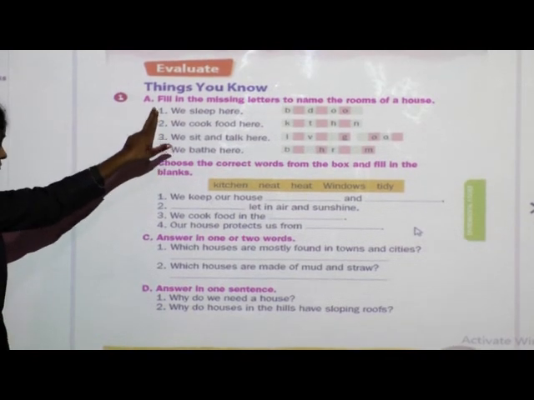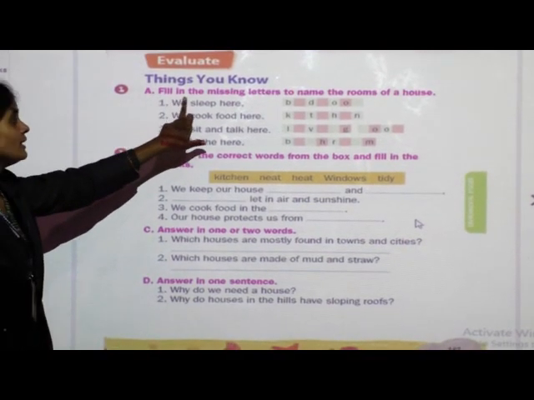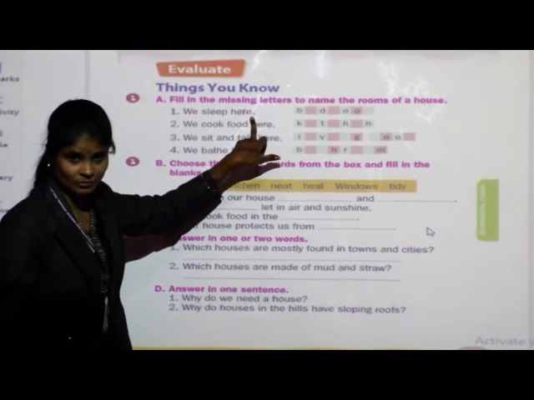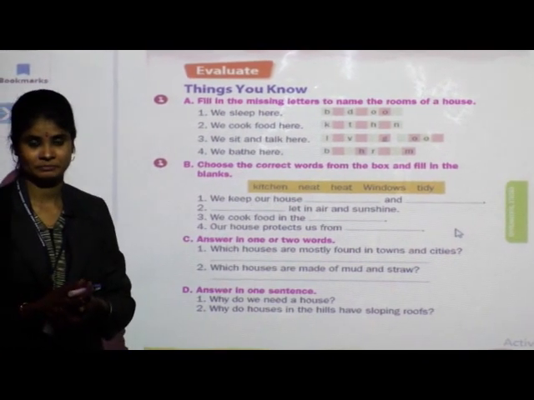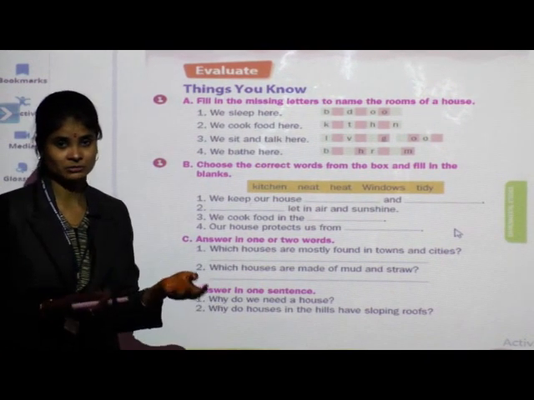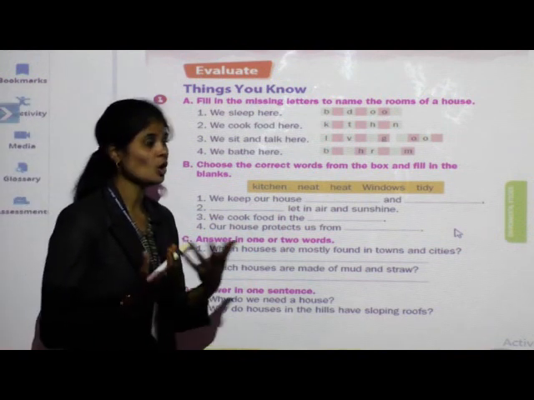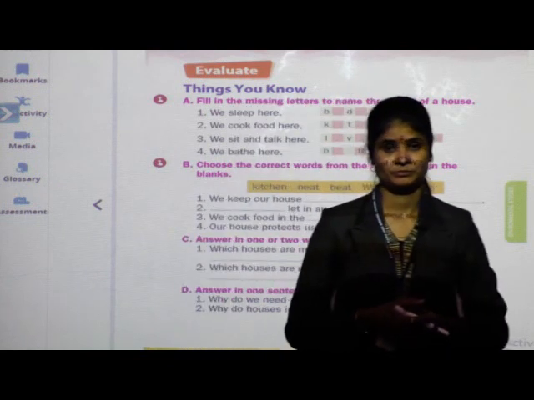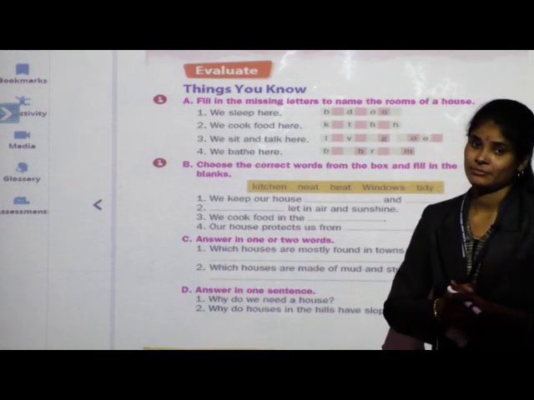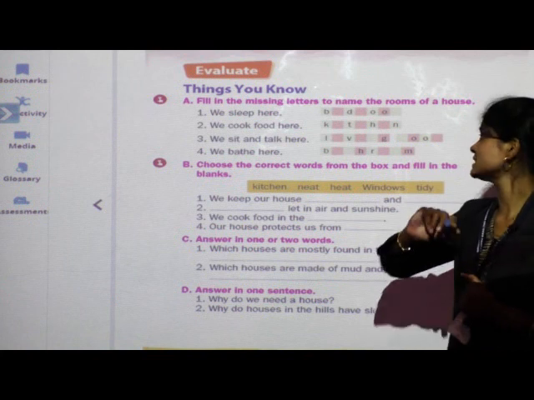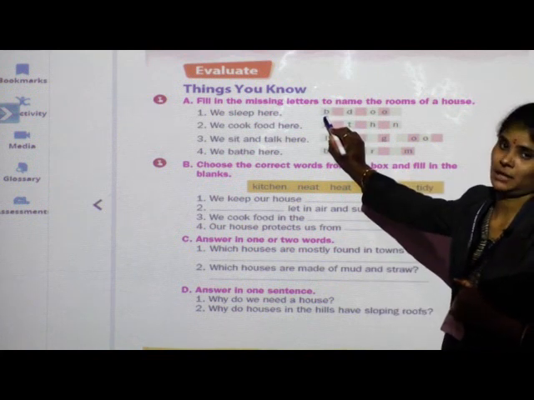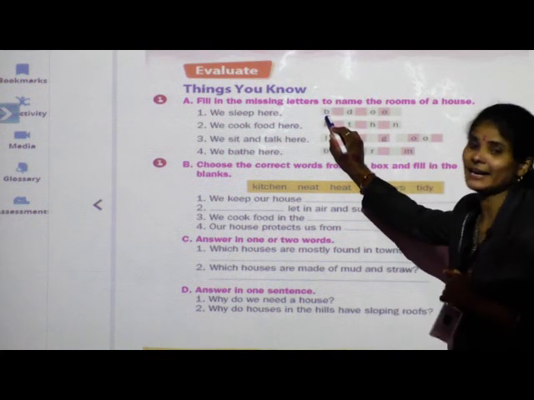Okay? See, the first sentence is: we sleep here. Where do we sleep? Kitchen, living room, bedroom or dining room. Where do we sleep? The name of that room starts with B. Yes, correct.